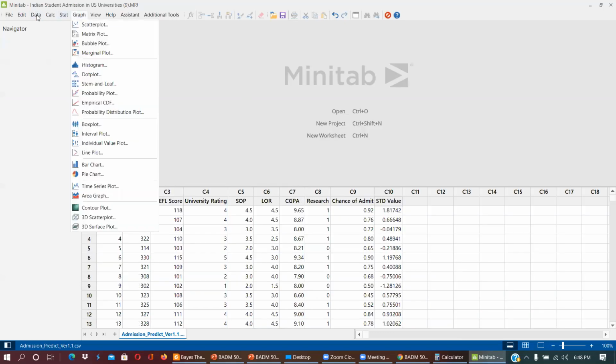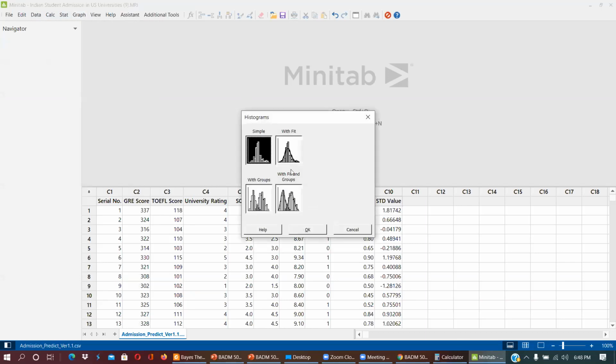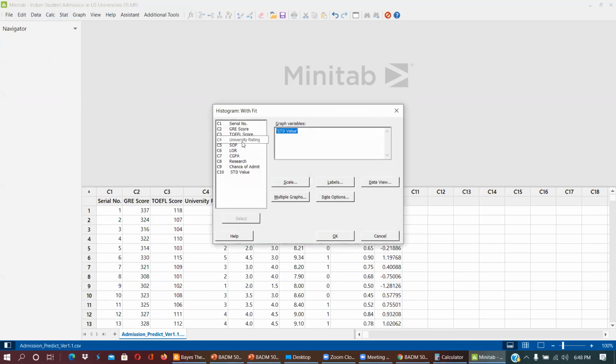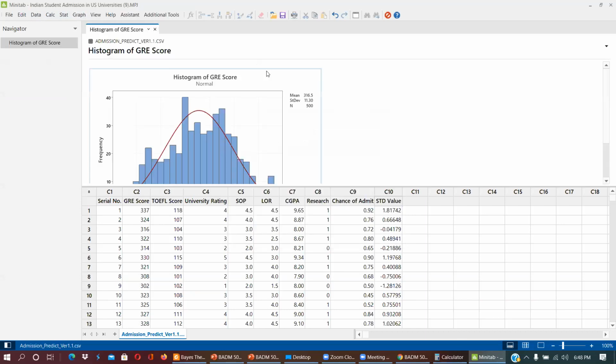So again, I'm just going to do a histogram to know the mean of GRE. So 316.5 and standard deviation is 11.30. Let me do the range.